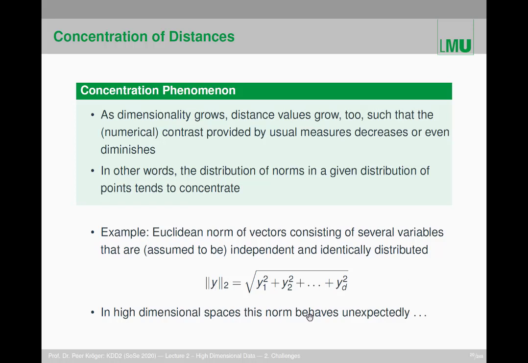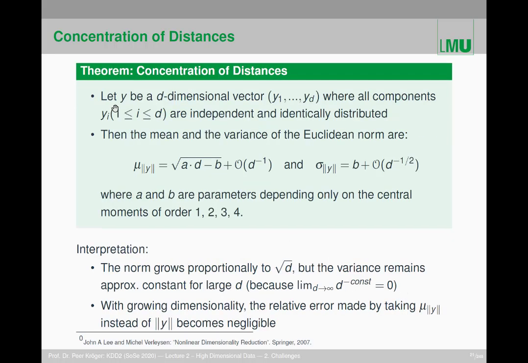This norm behaves unexpectedly. Once again, if all the d features y1 to yd are independent and identically distributed, the mean and the variance of the Euclidean norm can be computed as given here. So the mean of the norm, which is more or less the distance of the corresponding points, can be computed here.